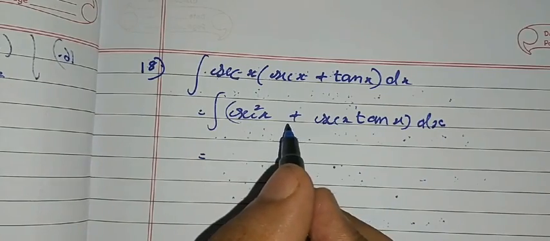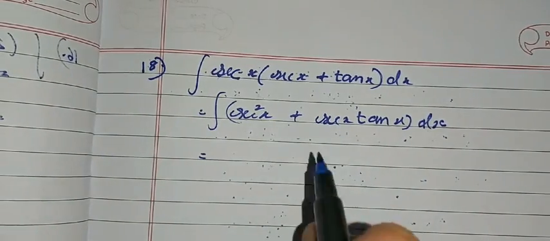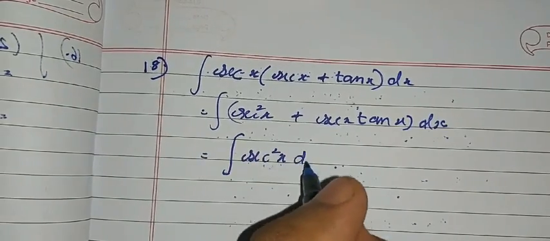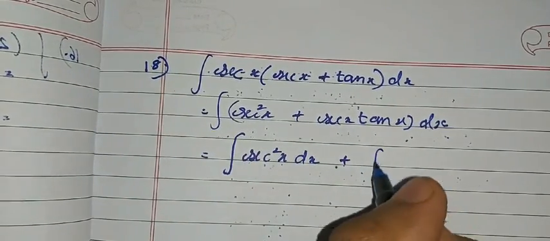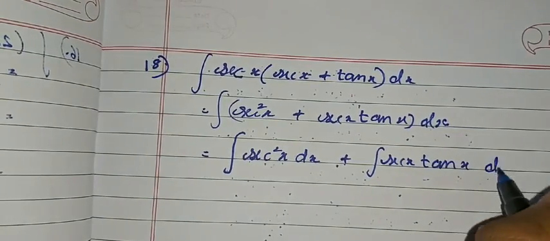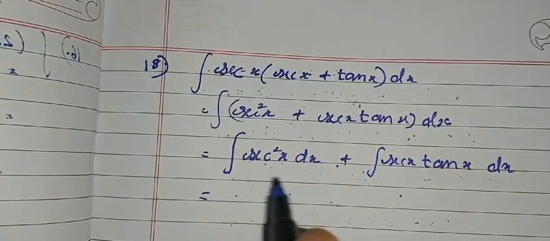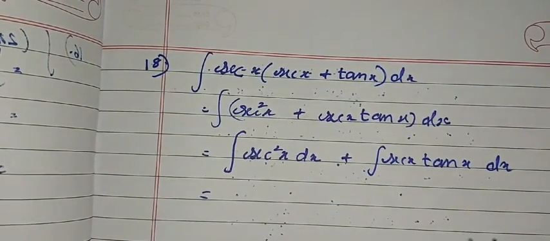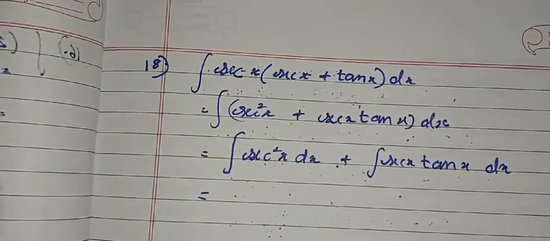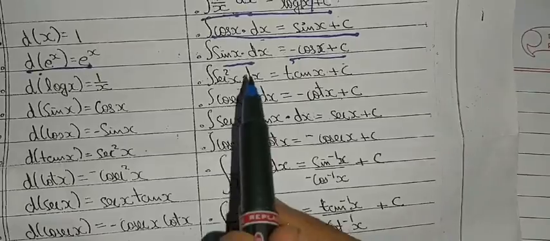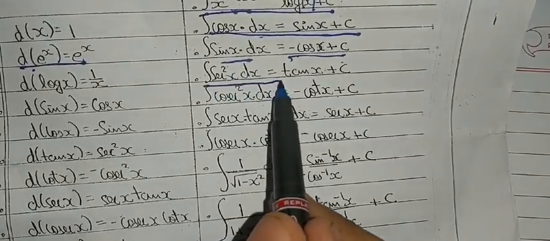Now there is a plus in between, so we can split this. So what we will do? Integral of sec square x dx plus integral of sec x tan x dx. Now what is the integral of sec square x? From the sheet we can know that the integral of sec square x is equal to tan x plus c.